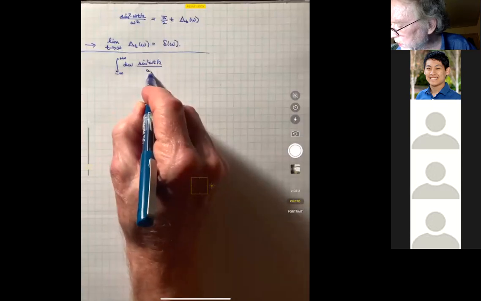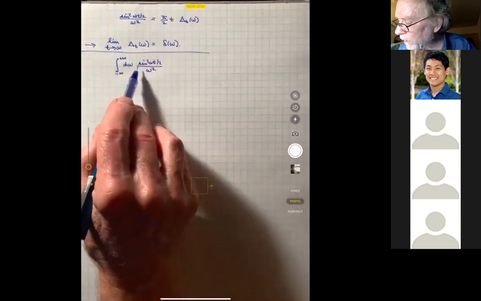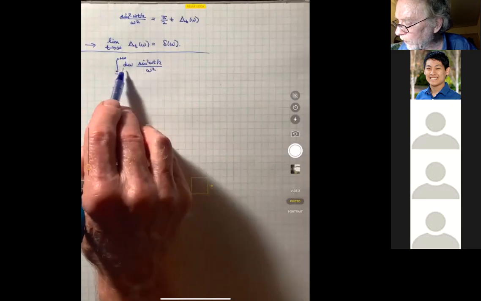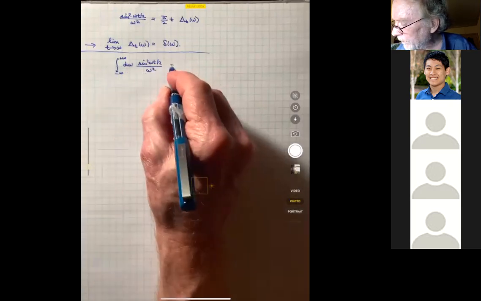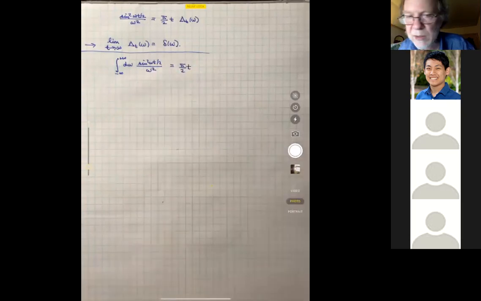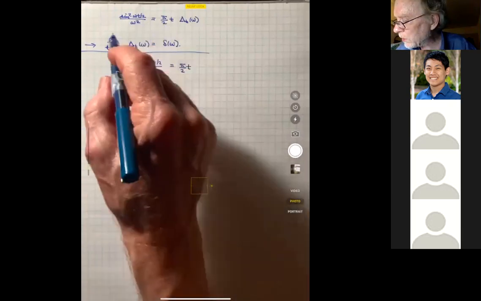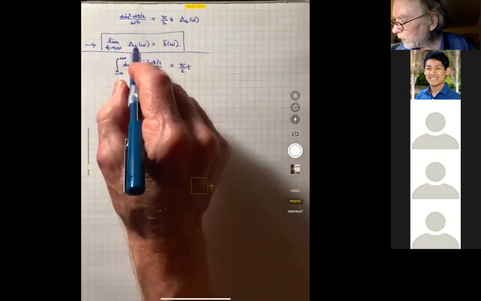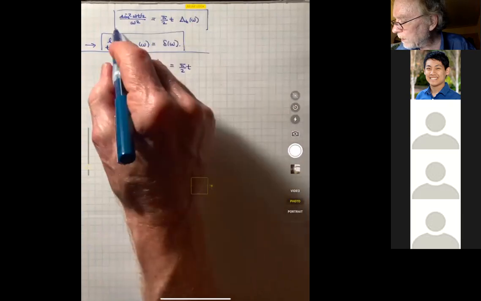But to be more precise, if we do an actual integral of our function over all frequencies, you can do this integral by contour integration. And indeed, it turns out to be exactly pi over 2 t. So that justifies this limit here, where delta t is defined by that formula.